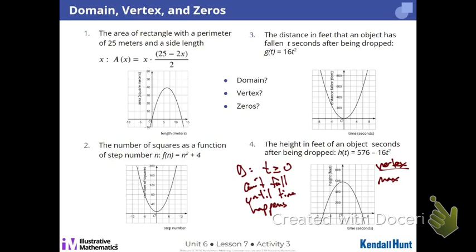Max. It's right up there. It starts at 576 feet. My zero, I've only got one, right there. It hits the ground there. Why don't we use this other one? Because it doesn't work. There's no negative time. All right.